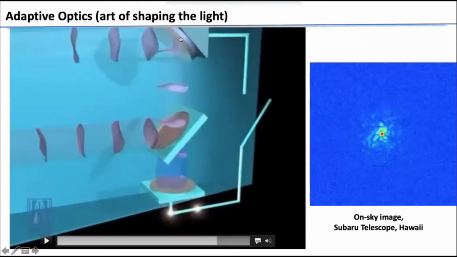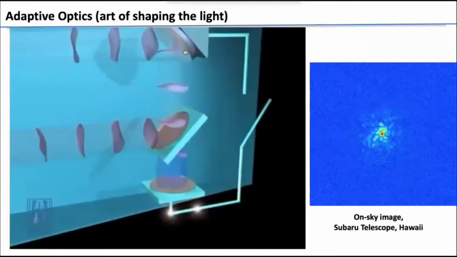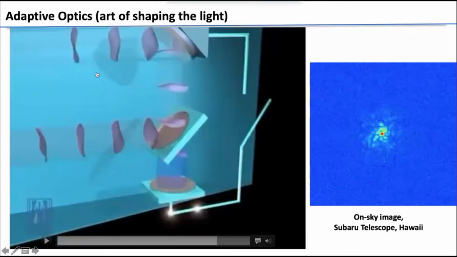So this is your DM, deformable mirror. As you can tell from the name, it's a mirror, a very thin sheet of mirror supported by actuators, and it's a mirror that you can reshape. So you reshape the mirror in real time to make the distorted wavefronts plane.